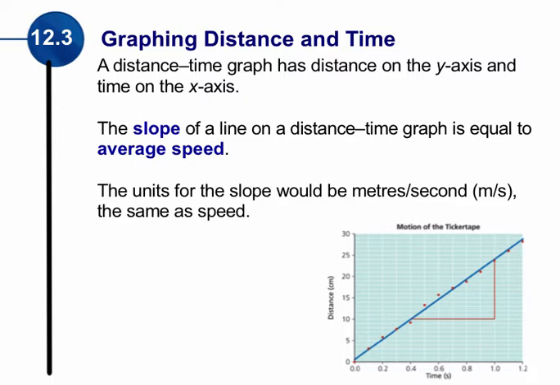In this case, this graph, it's centimeters per second, but it's the same units as speed. The slope units are the same as speed. Because really, when we calculate the slope, we're really just calculating the change in distance over the change in time. And so anytime we have a distance-time graph, we can find the slope, and from the slope we can find the speed.